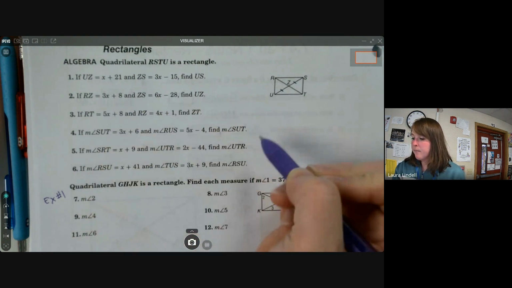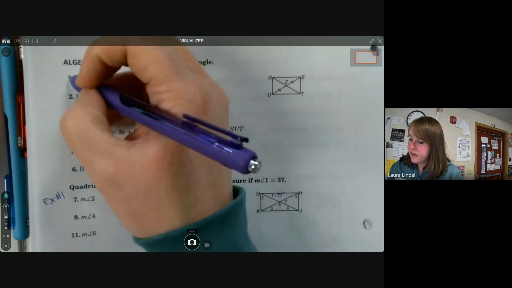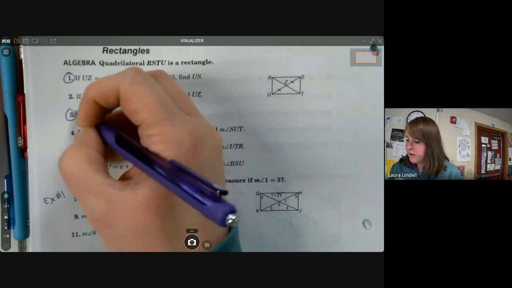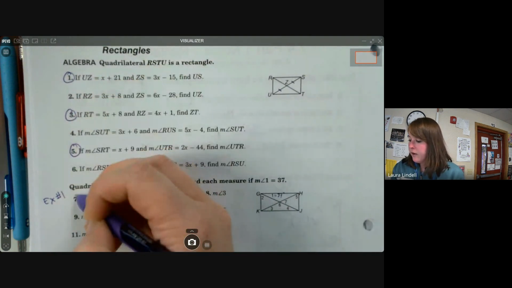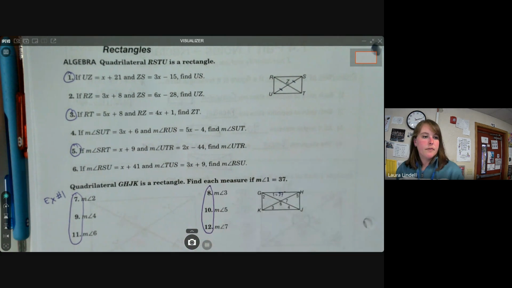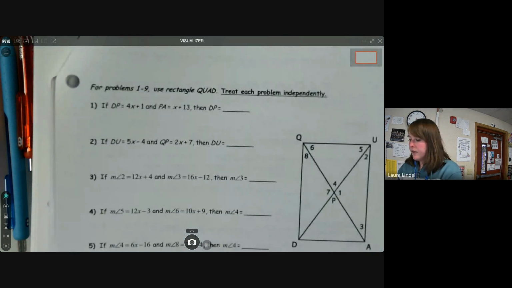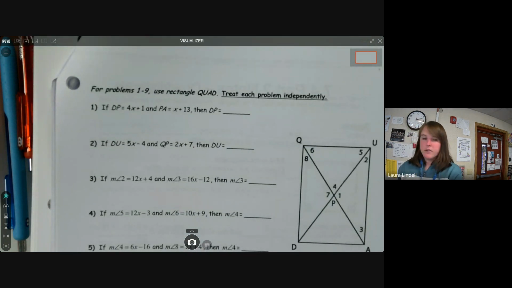Okay, so on this first page here, your assignment is 1, 3, 5, and then all of these ones, 7 through 12. And then go ahead and turn to the next page. On the next page, we are going to do all of these ones.